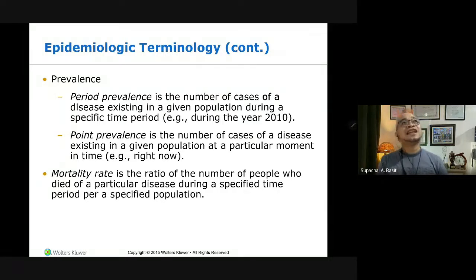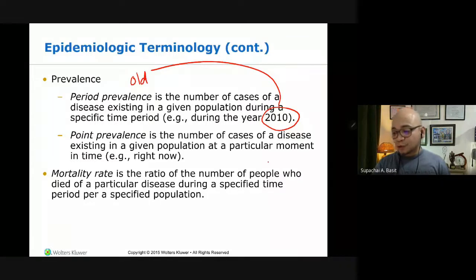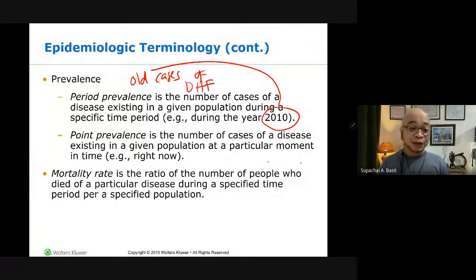Let's say, for example, what were the cases of dengue in 2010? So the prevalence of dengue in 2010. This now only refers to the old cases of dengue hemorrhagic fever in year 2010.